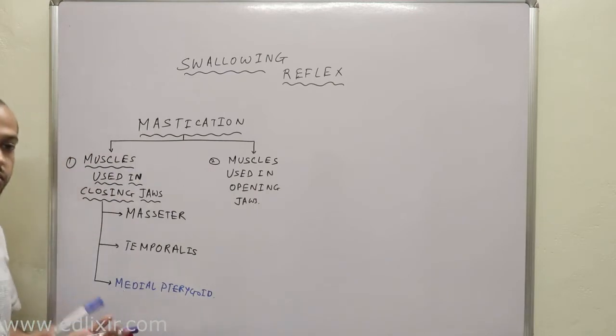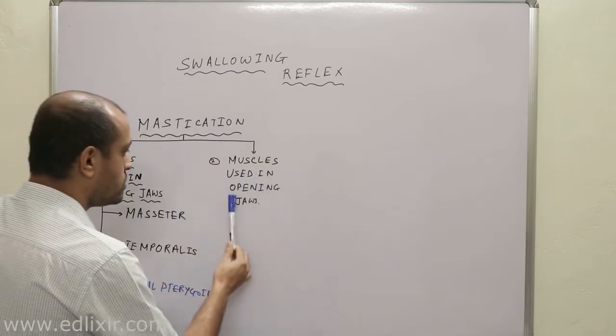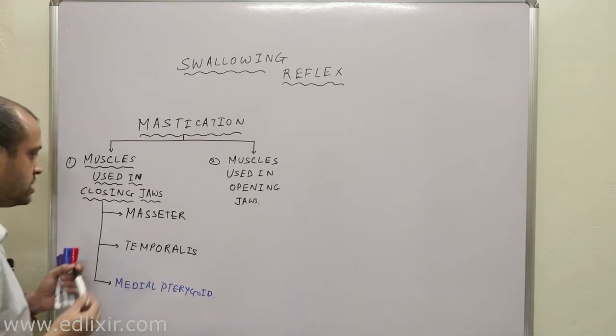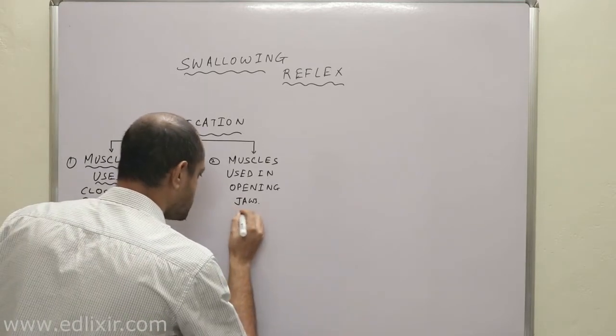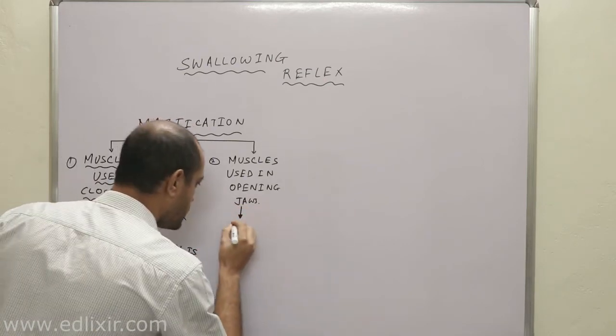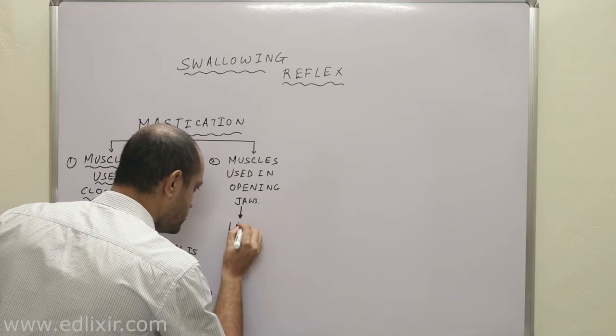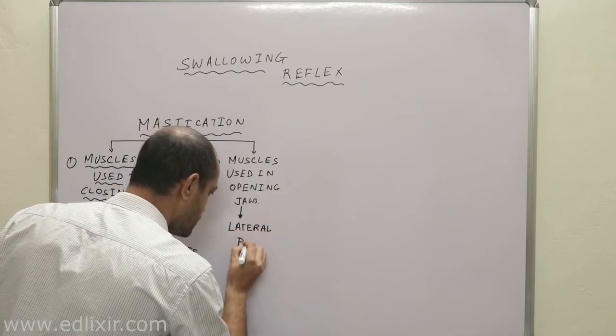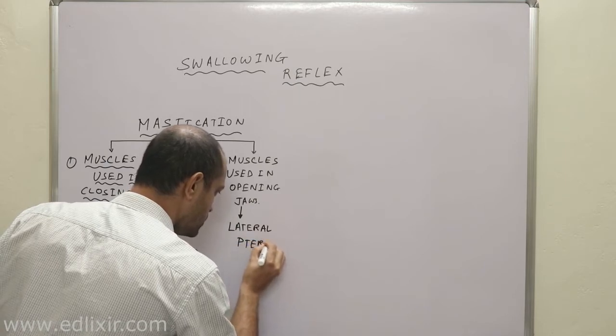Now, there is only one muscle which is used for opening the jaw, and that is called the lateral pterygoid.